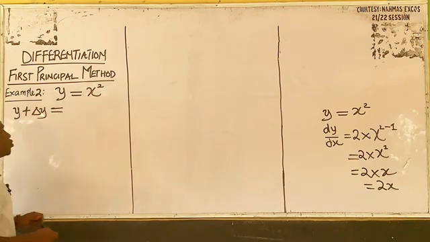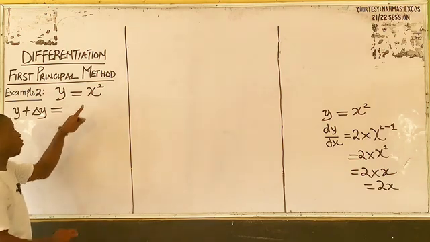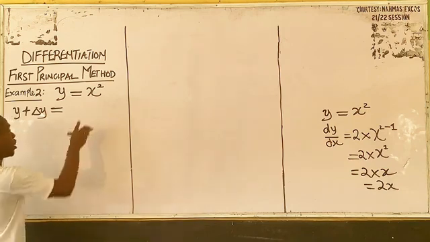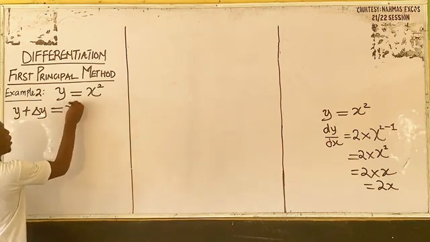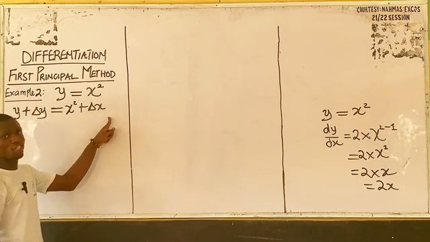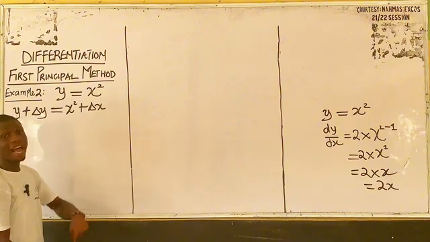Please, mind you, I know that for a new student taking this course here, we're expected to write x squared plus what? Change in x. This is wrong, please. This is wrong. We said just to x, not to x squared. We said just to x, add change in x.